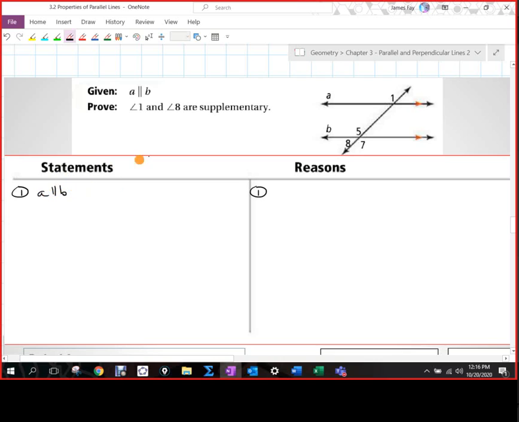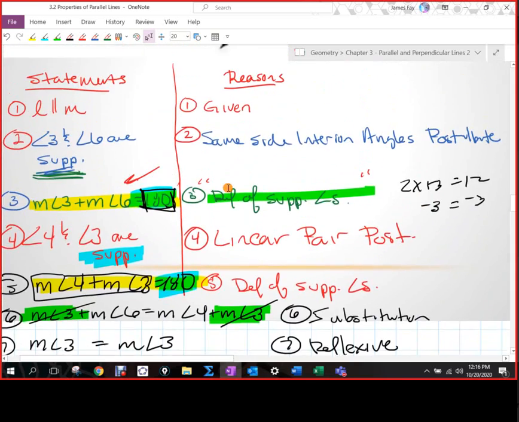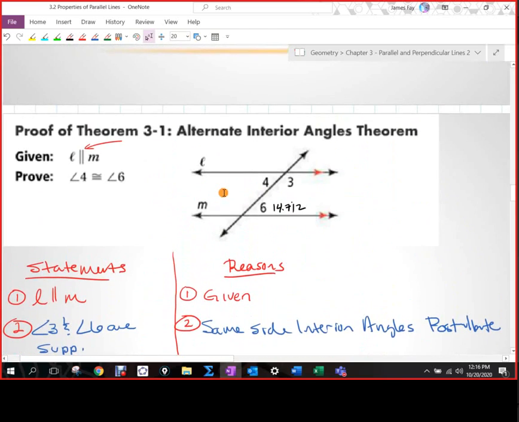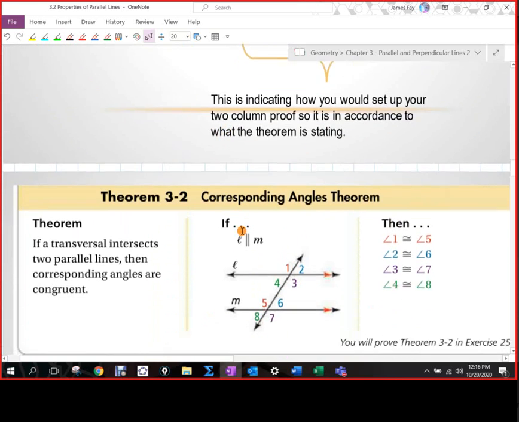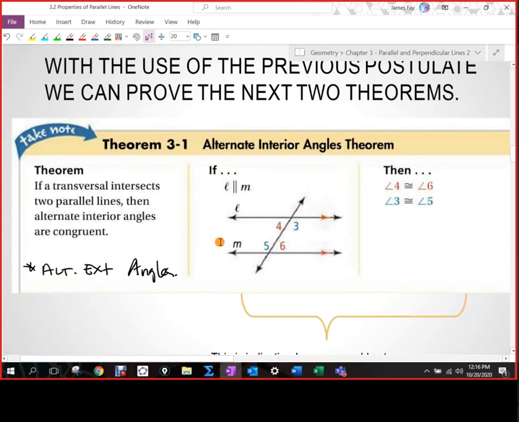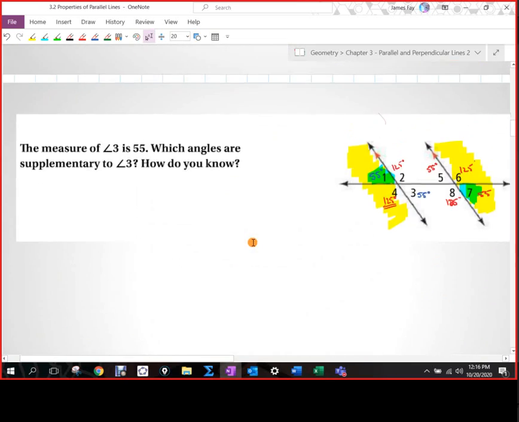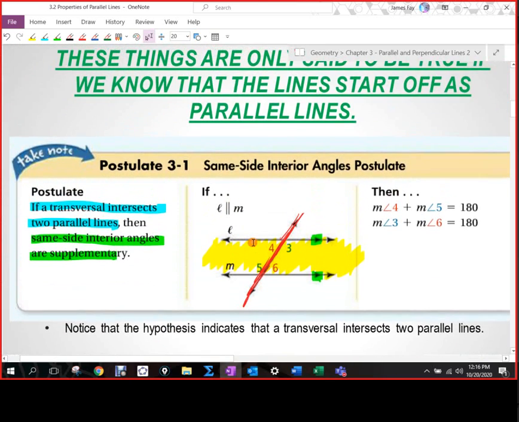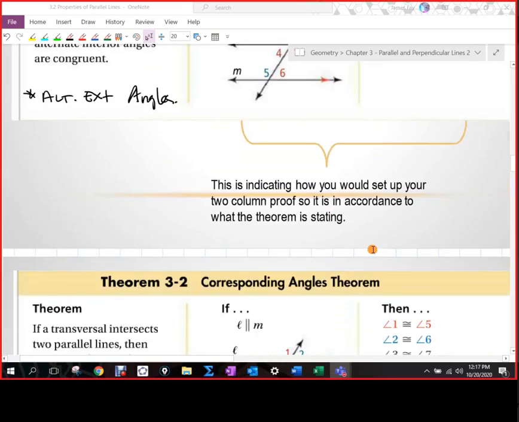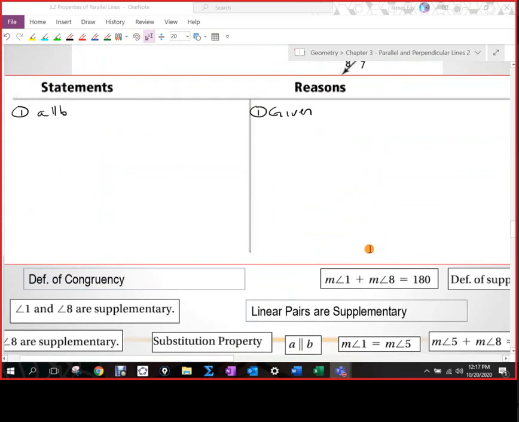Now, because we've established prior to this problem that alternate interior angles are congruent, corresponding angles are congruent, alternate interior angles are congruent, and same side interior angles are supplementary, right? Because those are all already pre-established facts, we can use those inside this theorem or this proof.